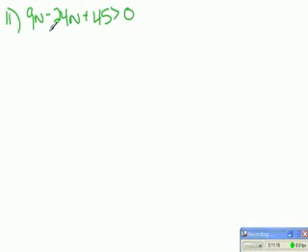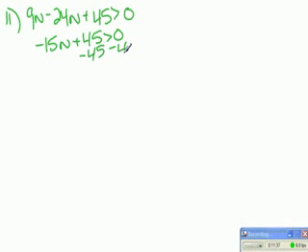So you need to make sure you are not trying to add 24 to both sides or subtract 9n from both sides because these are on the same side. They're like terms. You just combine them. So positive 9 and negative 24 should give you negative 15n plus 45 is greater than 0. I want my number to go to the other side, so I'm going to subtract 45 from both sides.